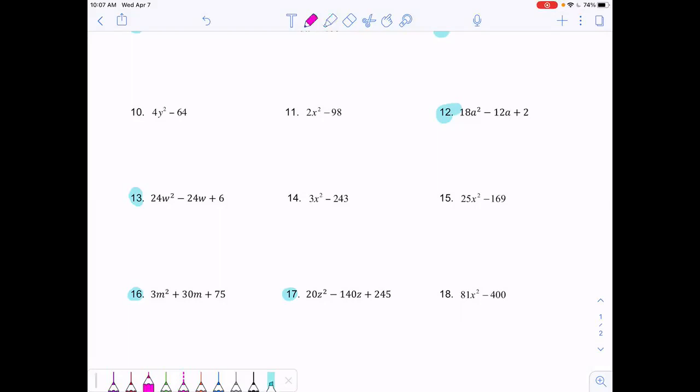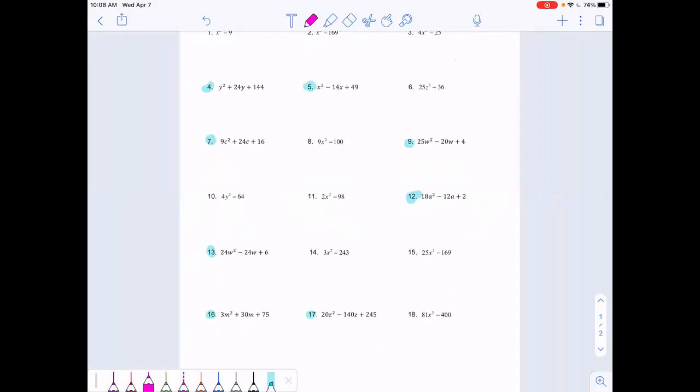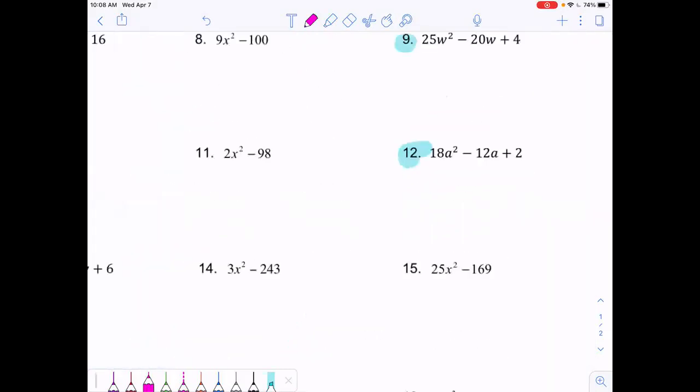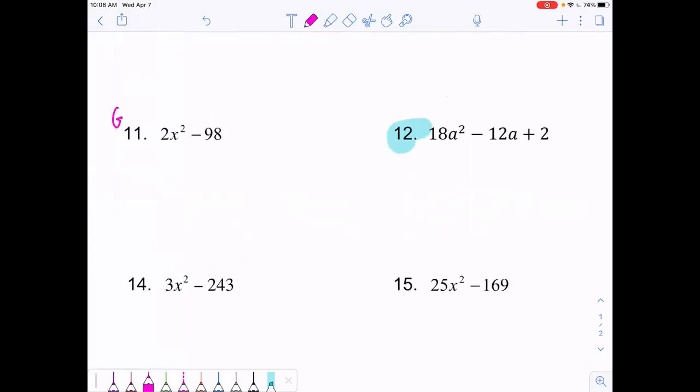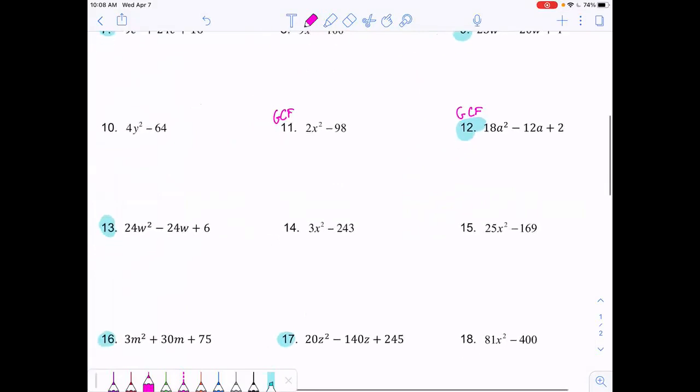okay? So make sure you're highlighting, making notes of these. In the first row, we are good. The second row, fine. Third row, fine. Fourth row, we got to look at number 11 and 12. Both of these are going to have a GCF. So if you want to mark 11 and 12 as doing GCF first, numbers 13 and 14 have GCFs first.